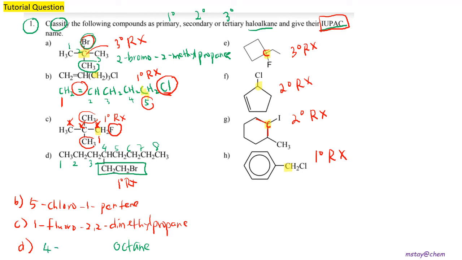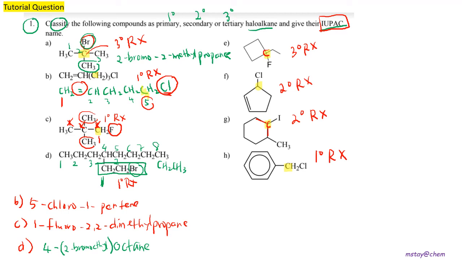Sorry, not methyl, ethyl. Ethyl is CH2CH3, but now here we have Br, so this one we'll consider as carbon 1, and then the carbon bonded to halogen is carbon 2. So that's why you have to make a bracket to show that it is 4-(2-bromoethyl)octane.